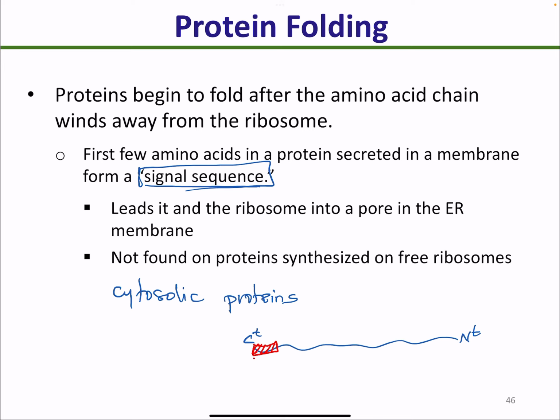That signal sequence is going to determine the fate of that protein, so that as the ribosome is synthesizing the protein and a number of molecules in the cytosol notice the presence of this signal sequence, this is going to trigger the protein that is being synthesized to actually be pulled toward the endoplasmic reticulum.